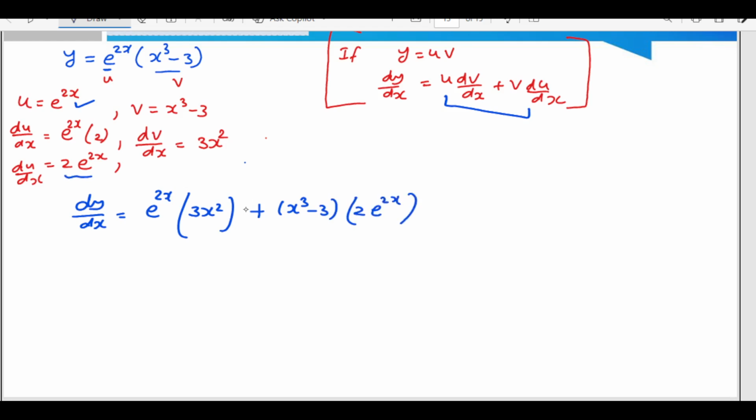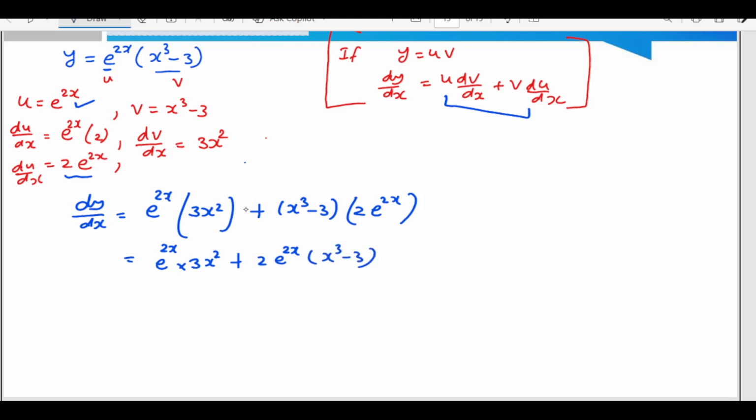We have already calculated that. Now it's just a matter of simplifying this. Let me just add one step, then it will be easy. So times 3x squared, and here we have 2e power 2x. I'm bringing it in front, like this.